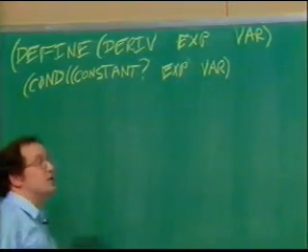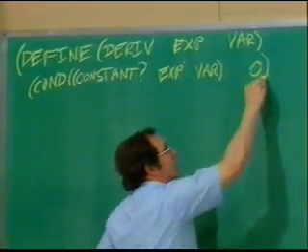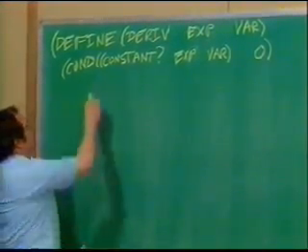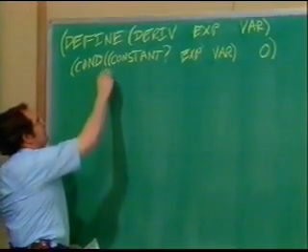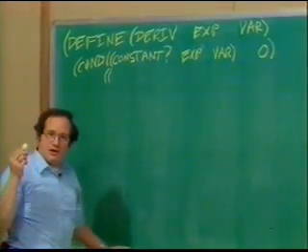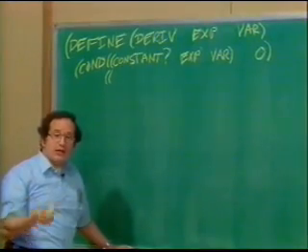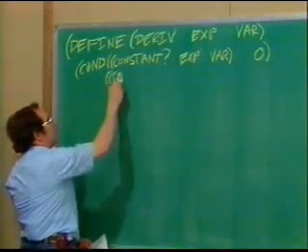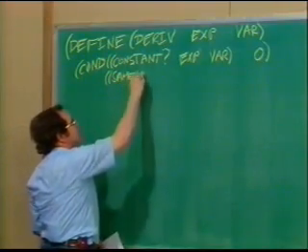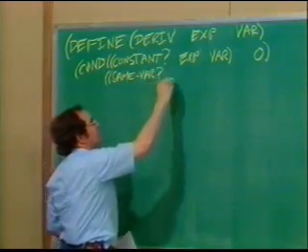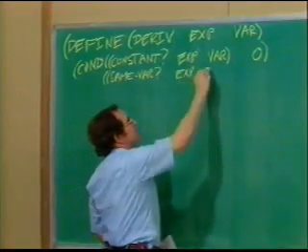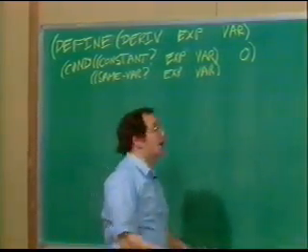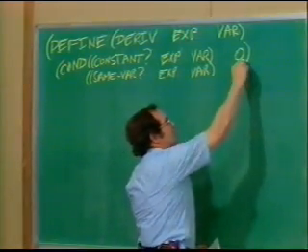If so, the result is 0, because the derivative represents the rate of change of something. If, however, the expression that I'm taking the derivative of is the variable I'm varying, then this is the same variable. The expression var. Then the rate of change of the expression with respect to the variable is 1. It's the same 1.